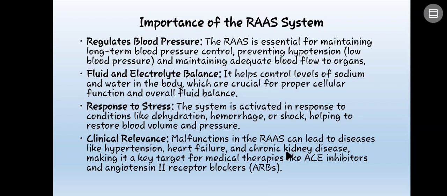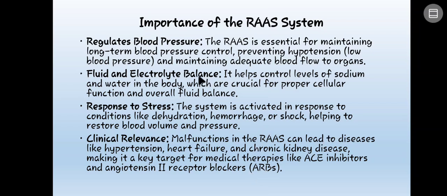Chronic kidney disease, because if RAAS is not well regulated, for you to achieve normal blood pressure, at the end of the day, the kidneys are not going to receive an adequate amount of blood, and that can affect how the kidneys are supposed to function. Is that okay? Good. So that is it for the renin-angiotensin-aldosterone system.